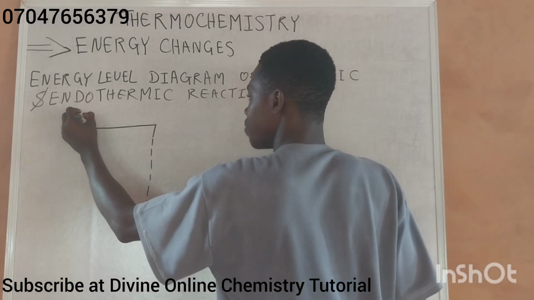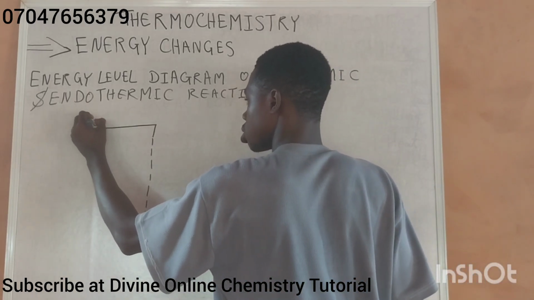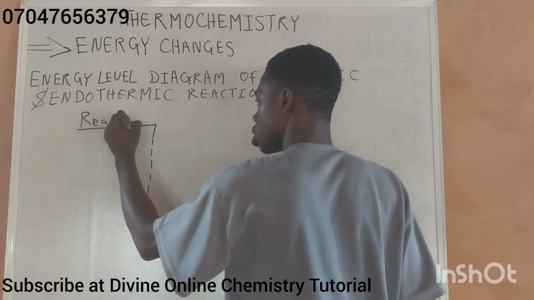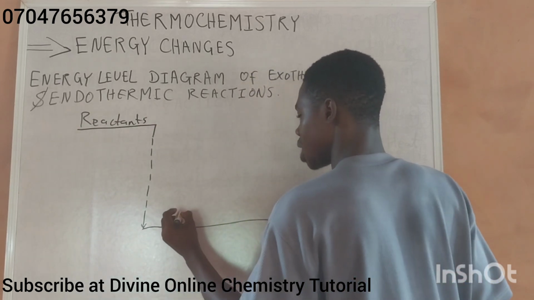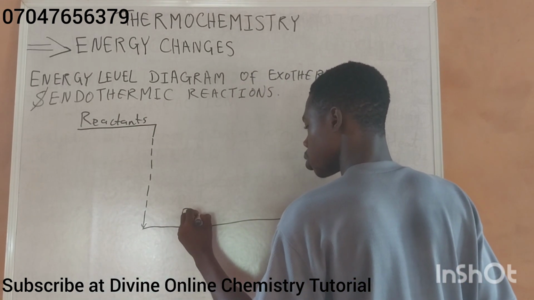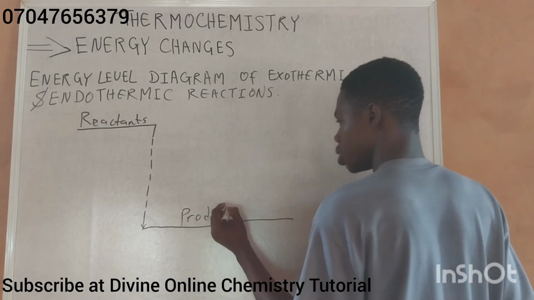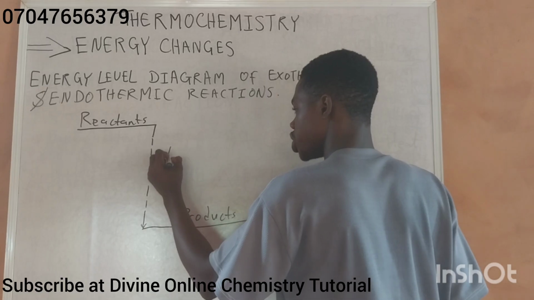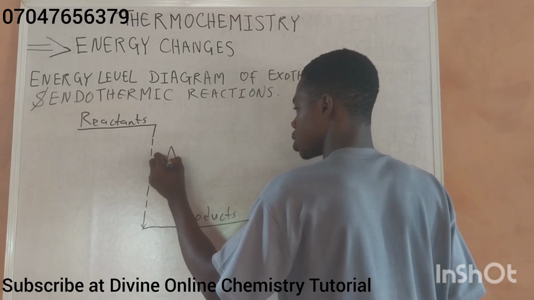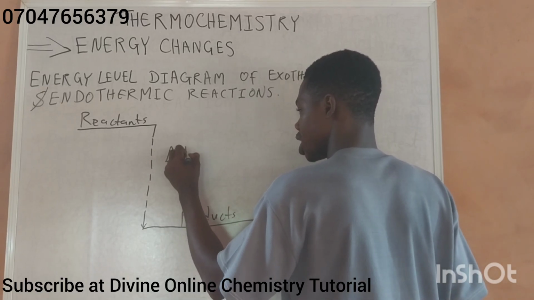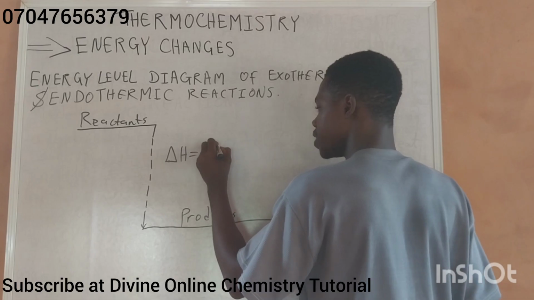At this part we have the reactant, then at this part we now have the product. Then please think that delta H, which is the change in heat content, is negative.